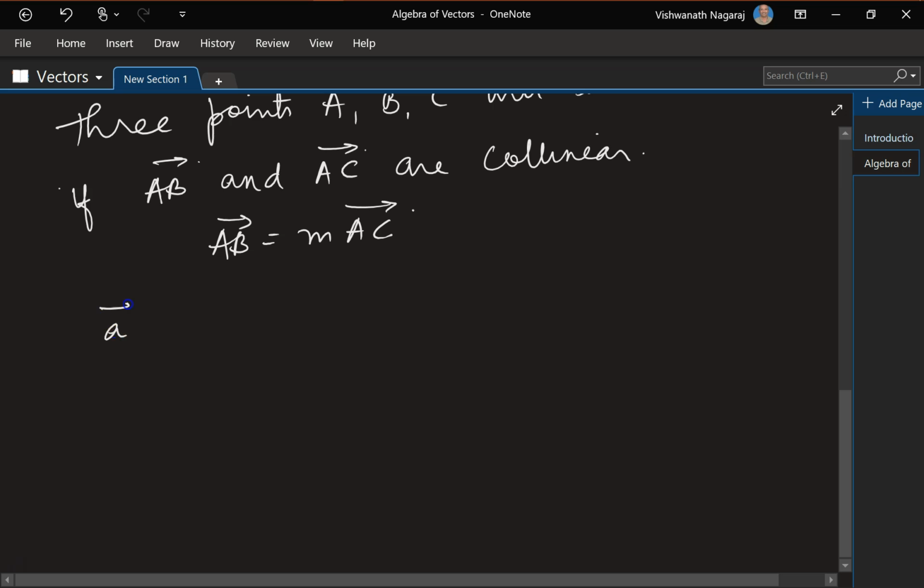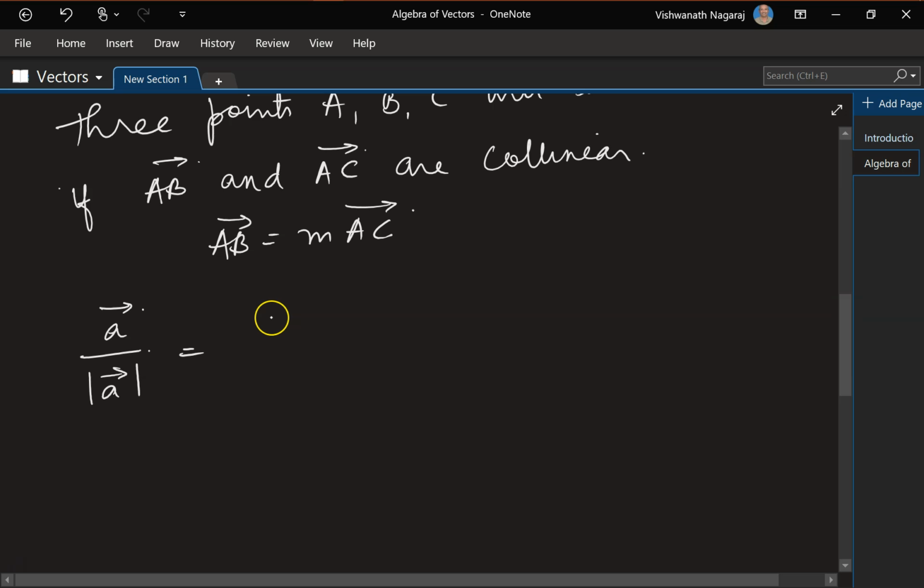Let's say we have a vector, and we divide it by the magnitude of this vector. What does it mean? Basically here, the magnitude of the vector A in the numerator gets cancelled by the magnitude of vector A in the denominator.